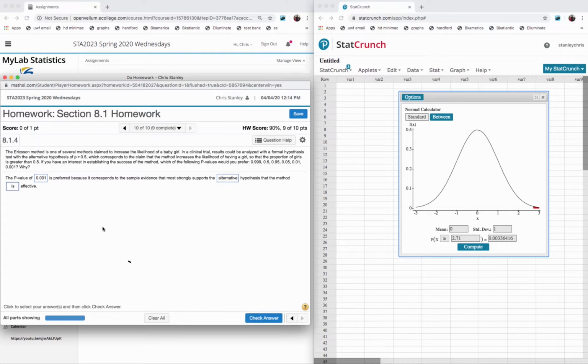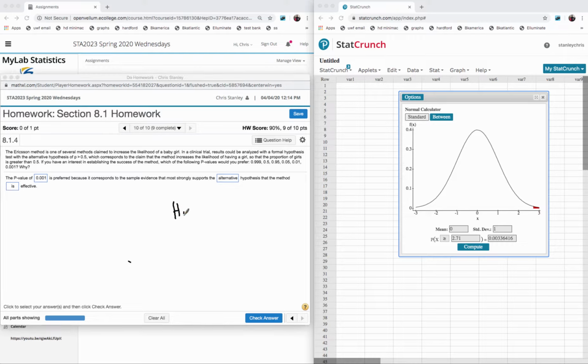If there are several methods to increase the likelihood of having a baby, they do a clinical trial. So the alternative is that it's greater, and the null is that it's equal. They want to show that it's greater, and to show that it's greater, you want to reject.